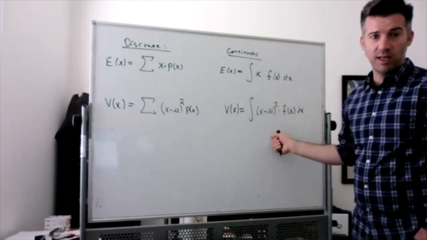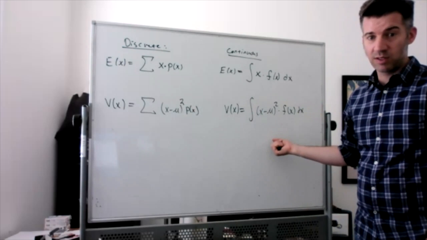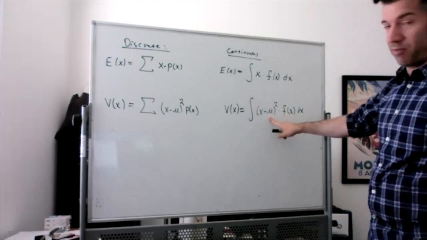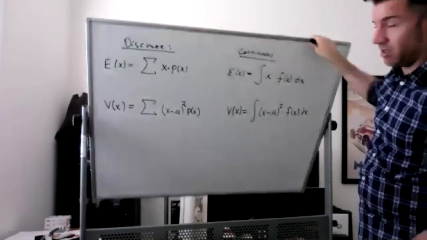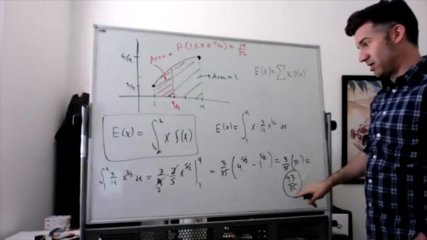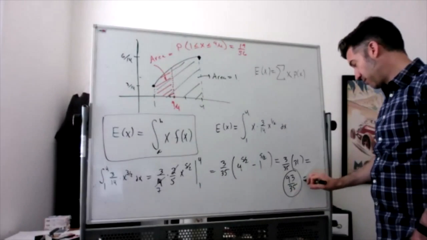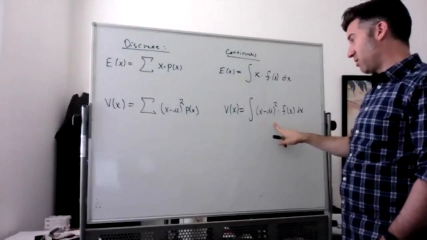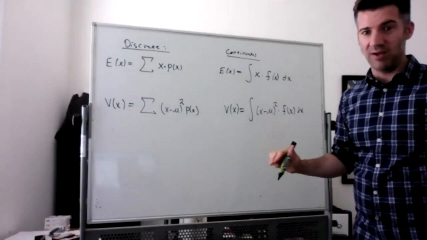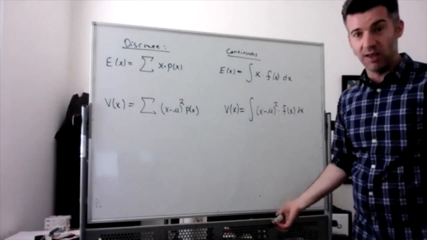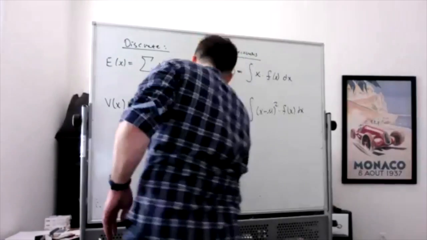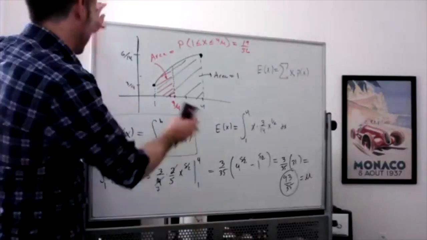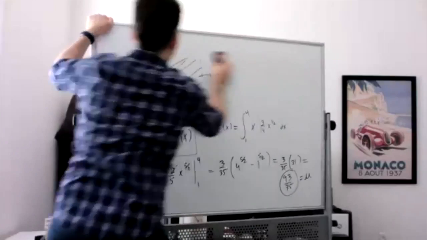Now the issue with this is that it's gross. For our previous question, our mean is 93/35. If we plug this in here, I really don't even want to do it. I will write out the formula and how it would look, and then I'm going to show you the easier way, because doing it here is really awful.